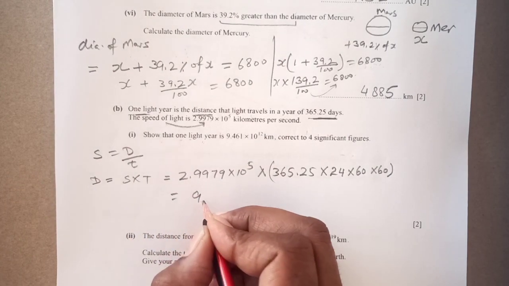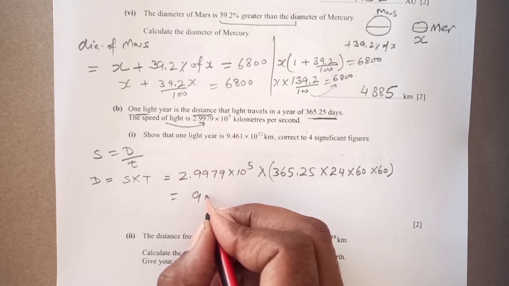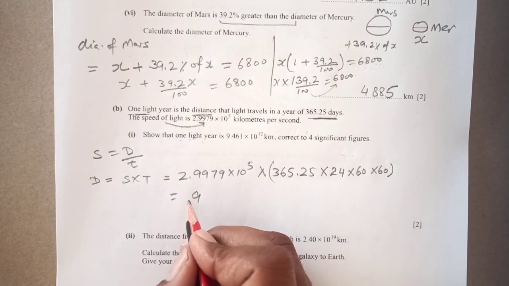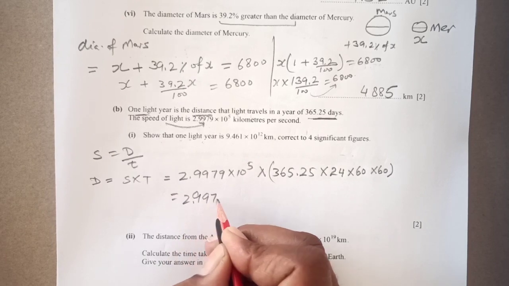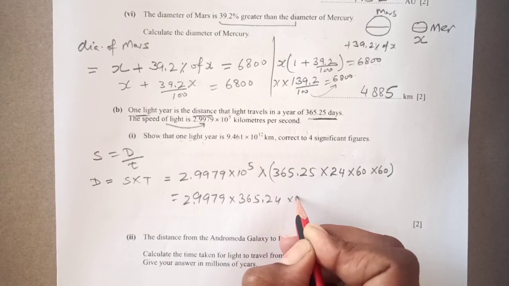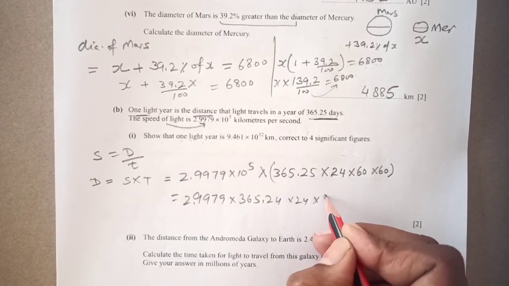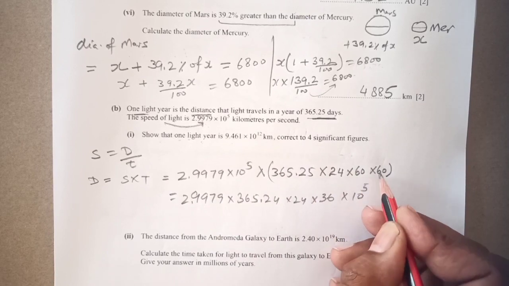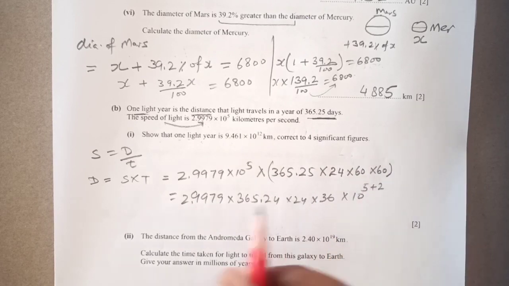Let me make it easier. 9 times 365.24 times 24 times 6 times 6 is 36. 10 raised to power 5 is here. Then I'm adding 2 zeros here, plus 2, it will be 7.